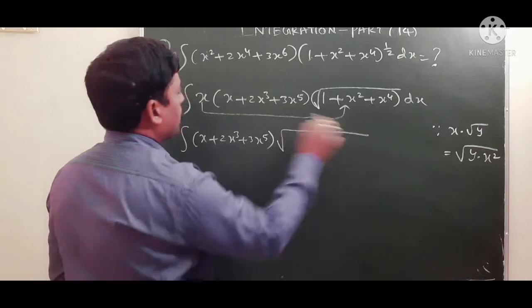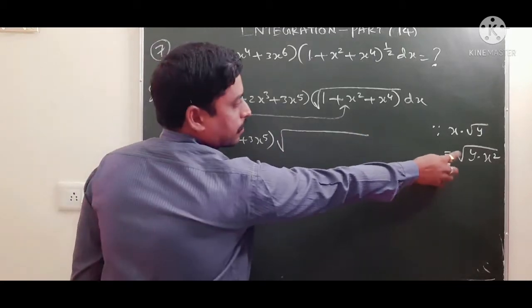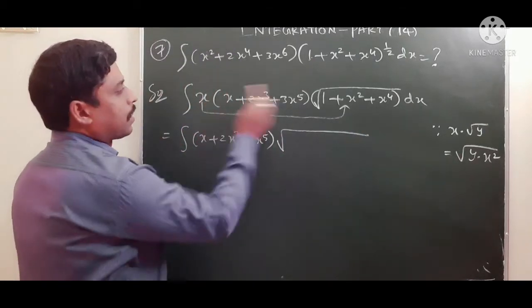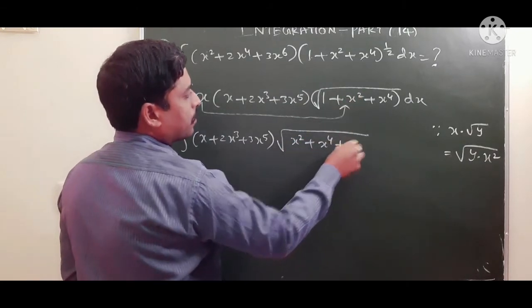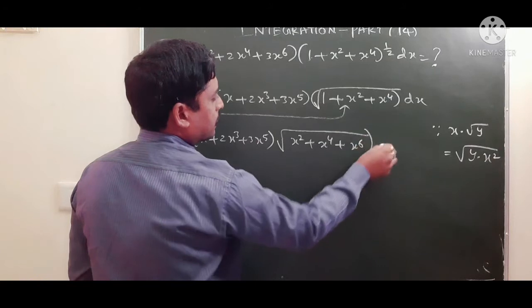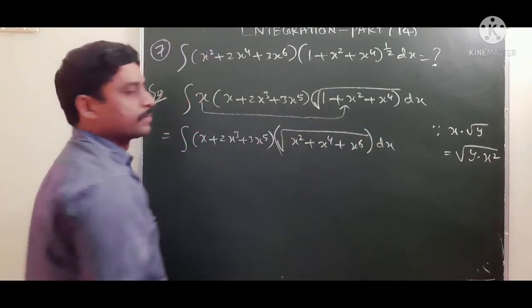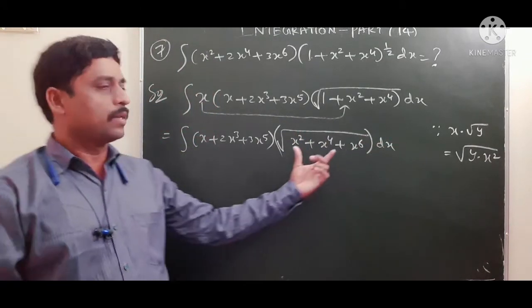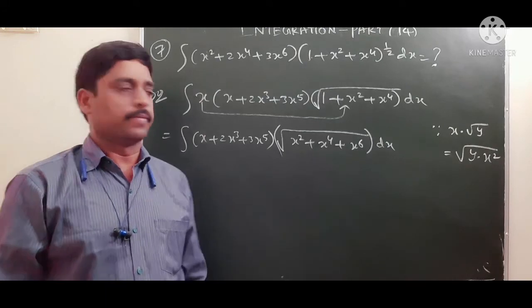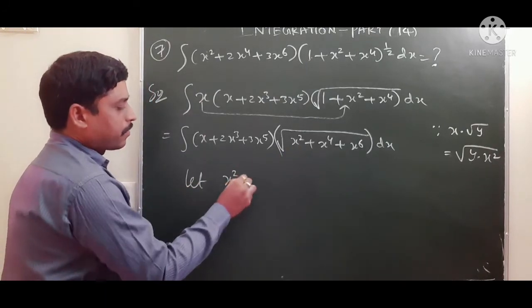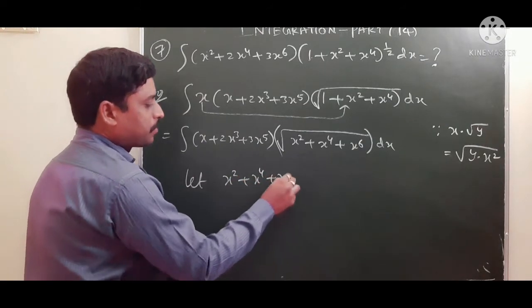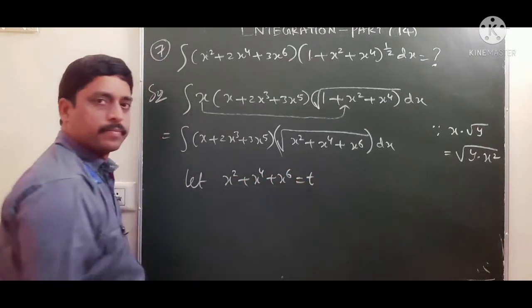So root over, according to this one, x square into 1 plus x square plus x to the power 4 plus x to the power 6 dx. So let us take under root value is equal to t, because x square plus x to the power 4 plus x to the power 6 is equal to t.